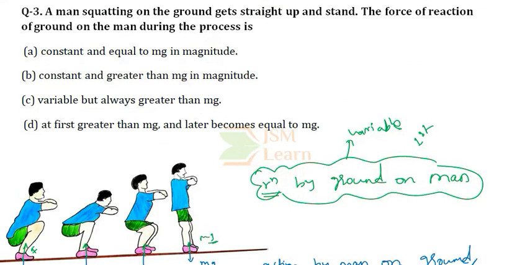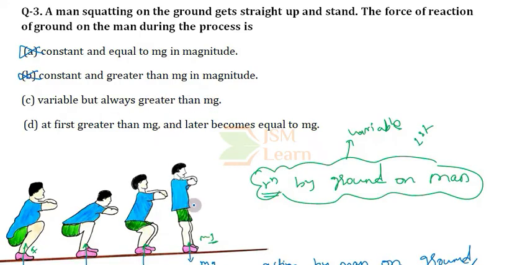So option A is wrong because it says that the reaction force is constant, which is wrong. Option B says that it is constant and greater than mg, so it is also wrong. Coming to option C, you may think that it is true, but it is also wrong, because it says that the reaction force of the ground on the man during this process is a variable force but always greater than mg.